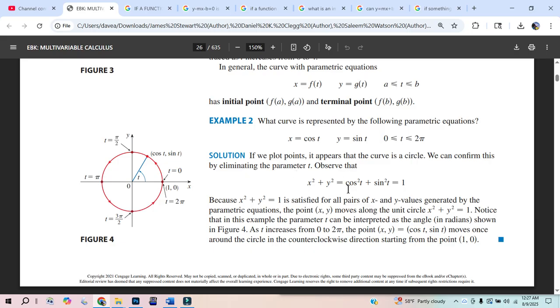Anyway, if you do have this identity, and this is our x value, and we throw it into this equation, so we have cosine t is equal to x, we have x squared, and then sine t is y, and y squared, then we do have this representation. So in eliminating the parameter, x squared plus y squared is equal to 1, and therefore we can solve for y.